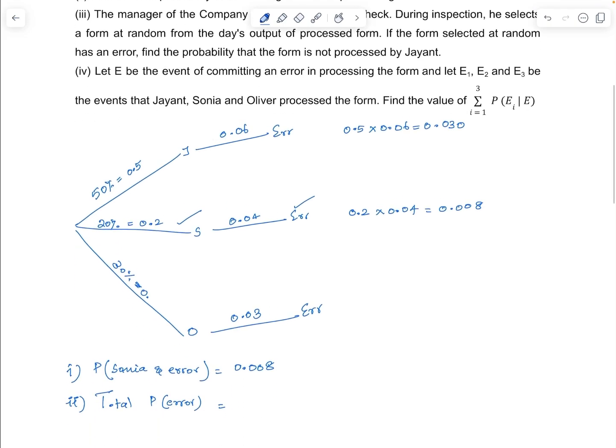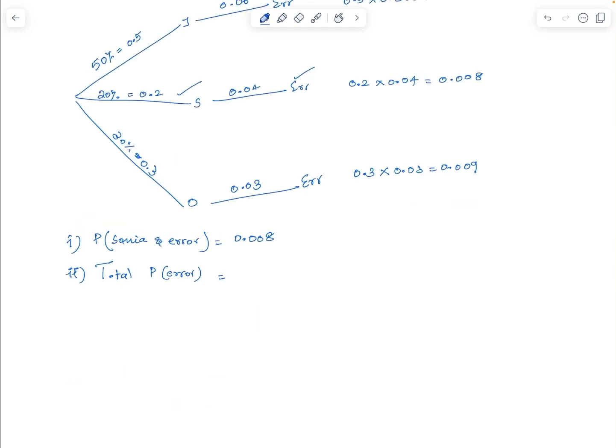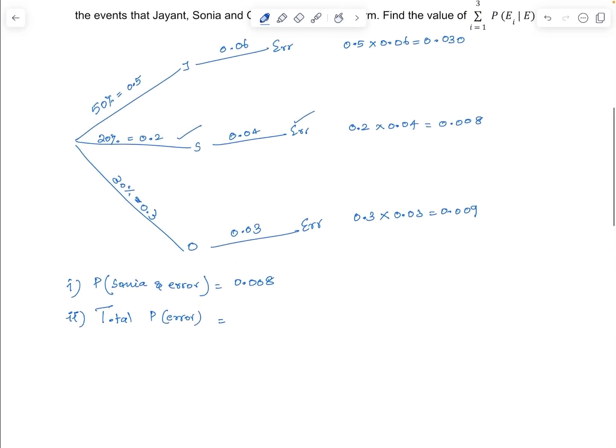Then for Sonia we have found out, and for Oliver 0.3 into 0.03. That is, Oliver has processed the form and he has got an error, which is equal to 0.009.